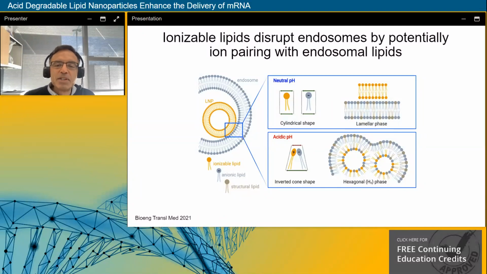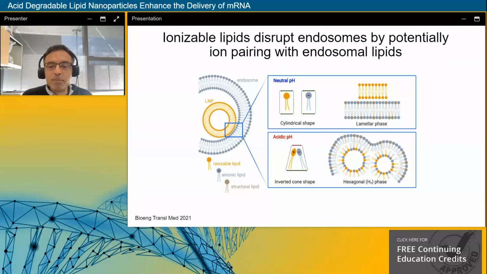Now, for this mechanism to occur, as shown on the left, the LNP lipids have to be very close to the endosomal lipids. If they're not very, very close to each other, and when I say close, I mean 1 water molecule space or 1 nanometer apart, then the ionizable lipid cannot flip into the endosomal bilayer.